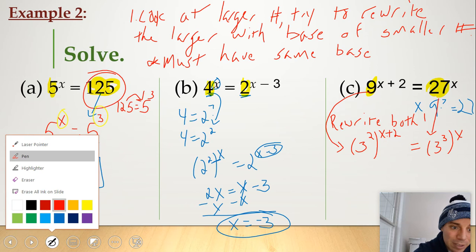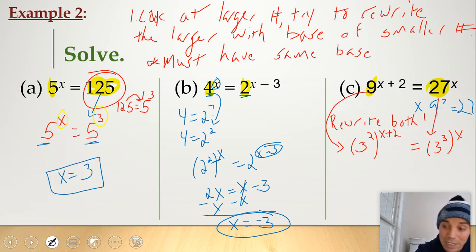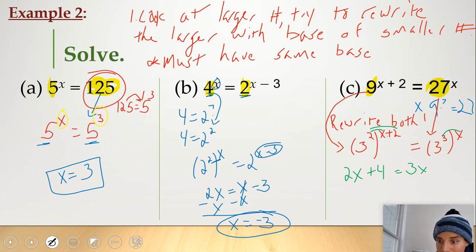Tricky part here, and that's why this one is in particular challenging, is this 2 you have to distribute to both parts there. So when I distribute that 2 to the x, I'm going to get 2x plus 4 as my exponent there, equals 3x as my exponent here. So again, tricky problem here. 2x plus 4 is equal to 3x.